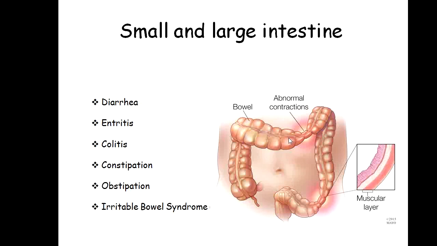You can see that this spasm is very potent, very vigorous, and this spasm leads to the condition in which there is abdominal cramping, there is abdominal pain, there is some condition like diarrhea, there is some condition like constipation. Then in irritable bowel syndrome, there will be abdominal pain, there will be abdominal cramps. Abdominal cramps means spasm inside the abdominal cavity.